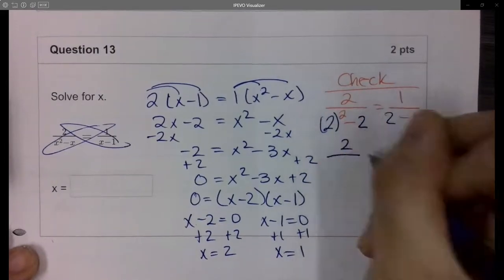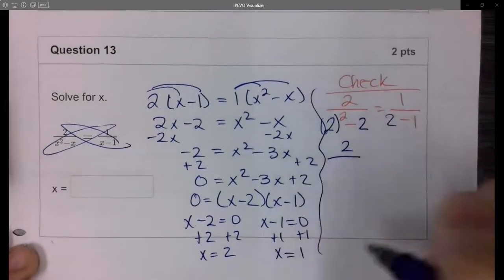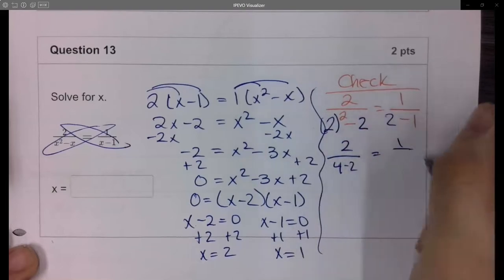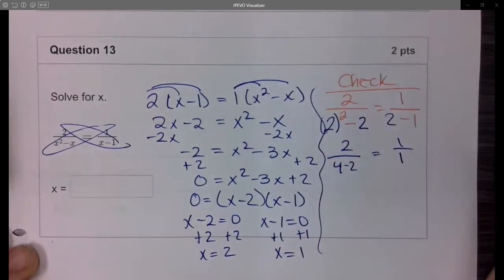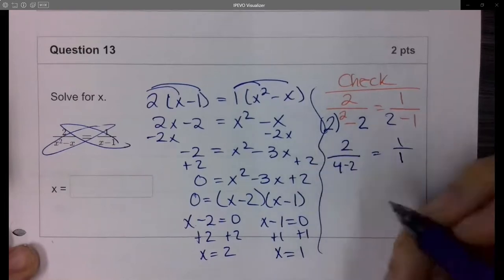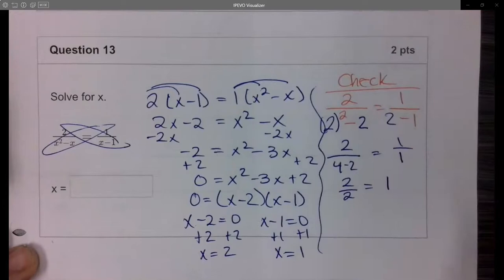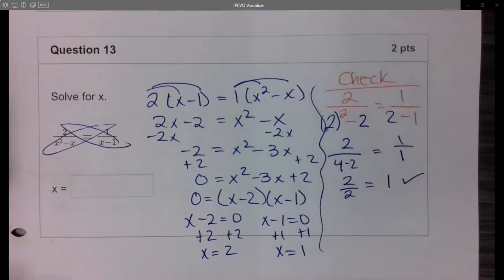So I have 2 on the top. On the bottom, 2 squared is 4 minus 2 equals 1 over 2 minus 1 is 1. On the left side, I have 4 minus 2, which gets me 2. 1 divided by 1 is 1. 2 divided by 1 is also 1. So this one works.